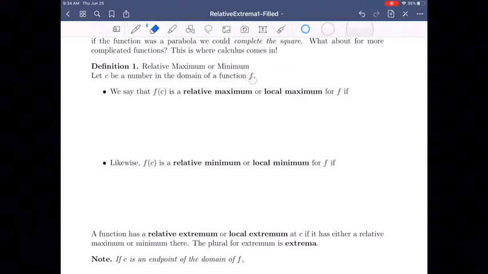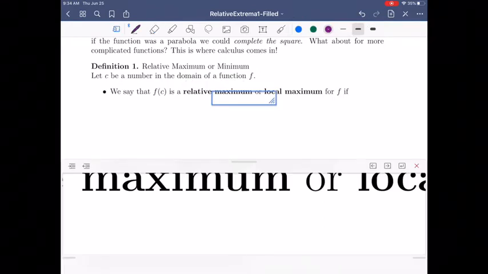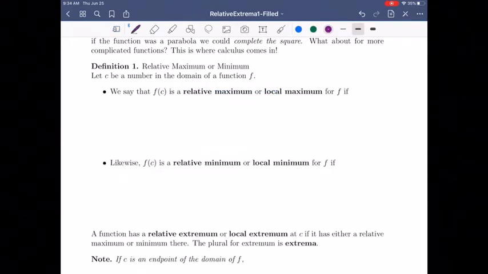Then we say that f of c, the y value, so this is the y value at c, is a relative maximum or local maximum. These are equivalent ways to say it.